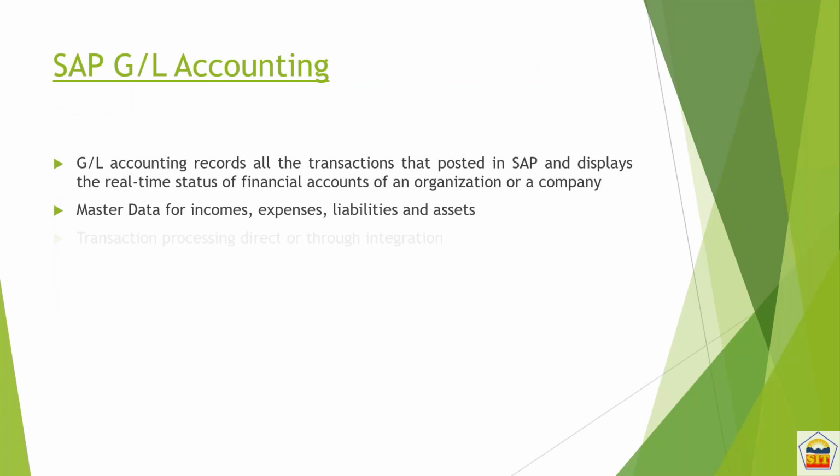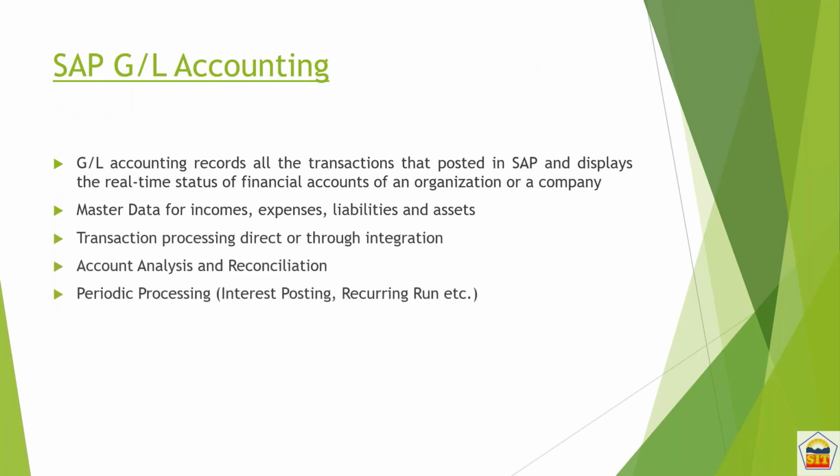First, we have the general ledger accounting, or GL accounting. In simple words, GL means accounts. We will be setting up various types of accounts under this component, and these could be income accounts, expense accounts, liability accounts, and asset accounts.